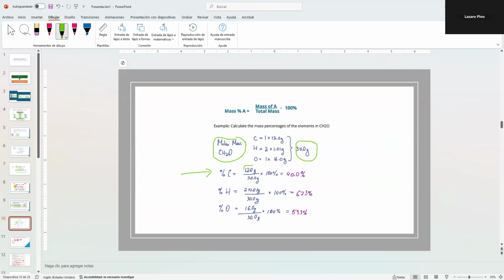Then you divide 12, that is the atomic mass of one atom of carbon, by the molar mass of the compound and multiply by 100, and you get the percentage of carbon. Same way for hydrogen and same way for oxygen. If you add the percentage of all the elements, you will see that it is 100.